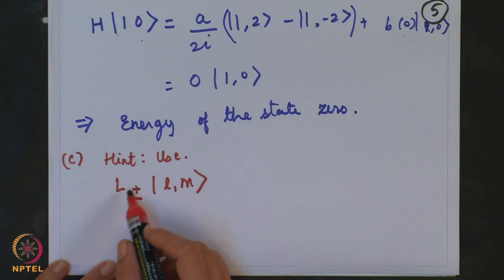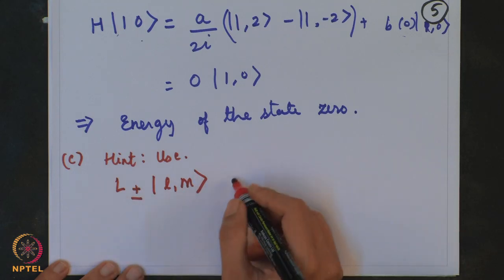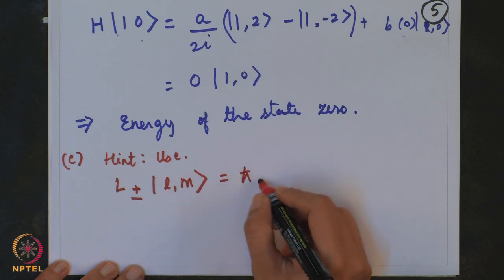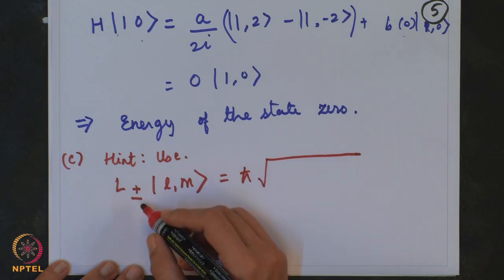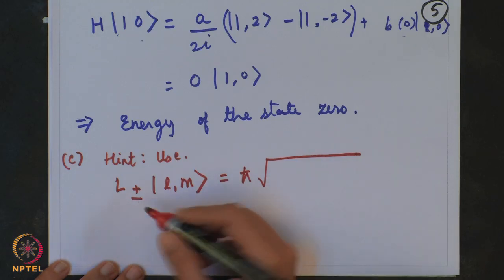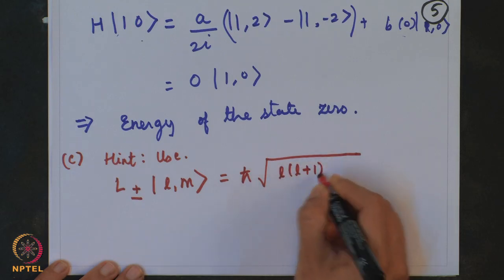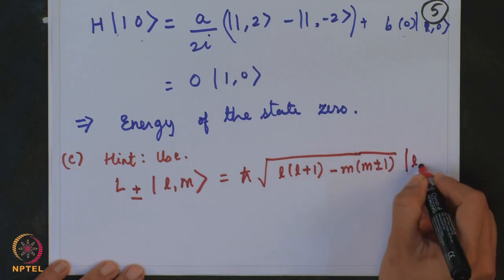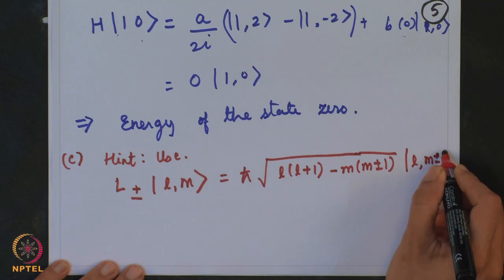When you operate the ladder operator plus or minus on the state l comma m, what I obtain is H cross times the square root of l into l plus 1 minus m into m plus minus 1, times the state l comma m plus minus 1. Here the coefficient is C plus minus, which is nothing but the Clebsch-Gordan coefficient.